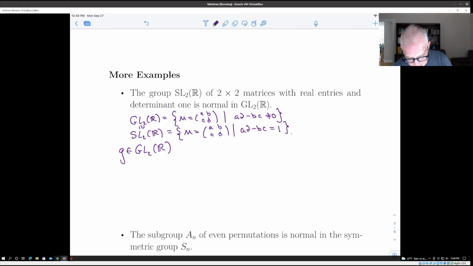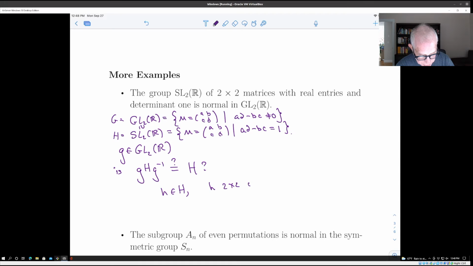We have to check whether GHG inverse is equal to H. Well, if H is in H, that means H is 2 by 2 with determinant 1. What about GHG inverse?